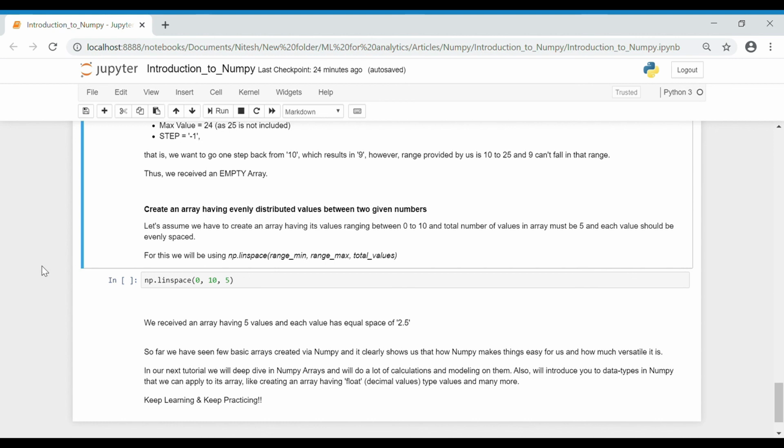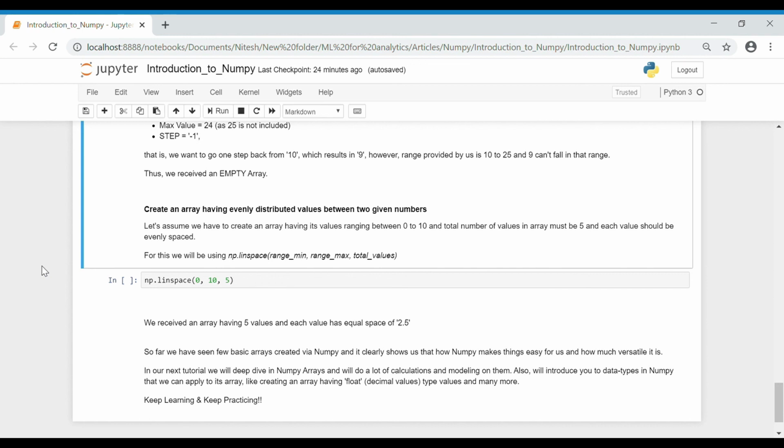Linspace, as the name suggests, provides us an array converting all our numbers into equally spaced values. Does this sound a little bit confusing? So let's come at that again with an example.